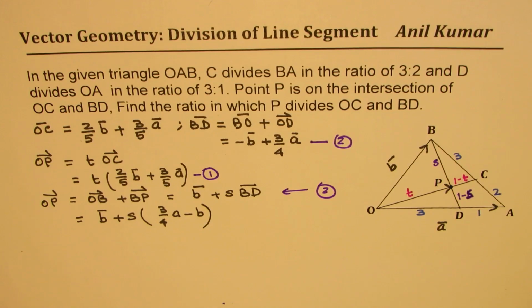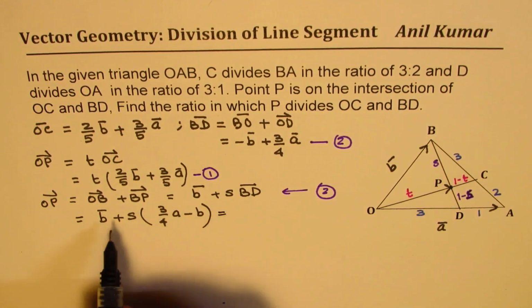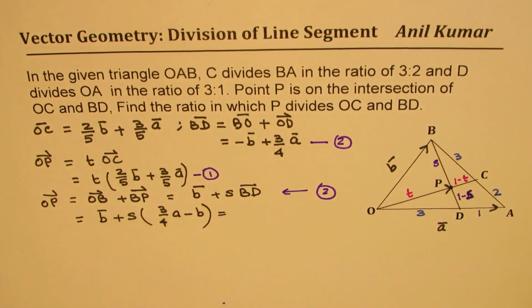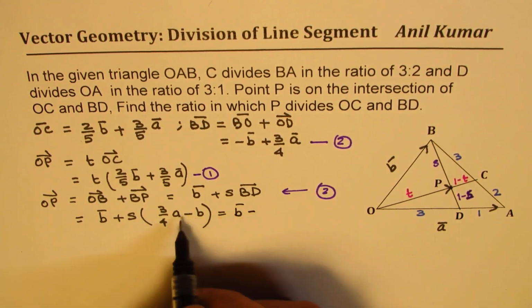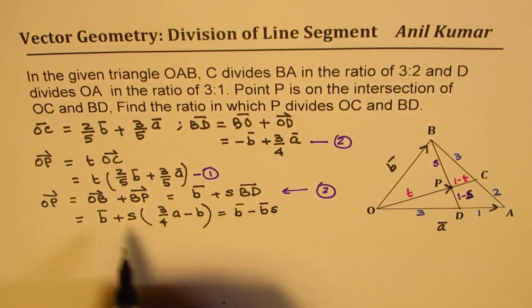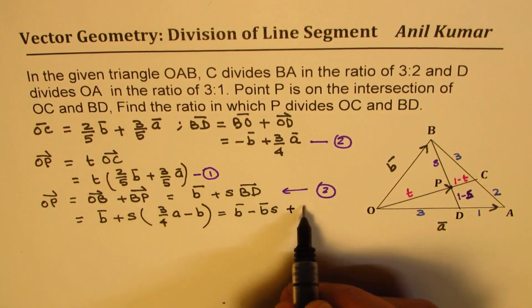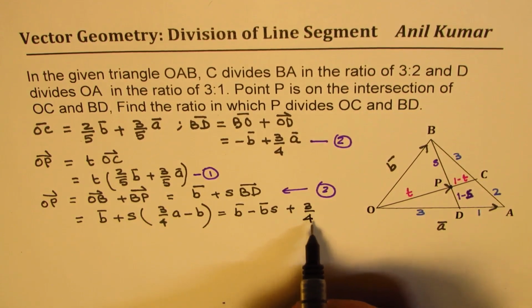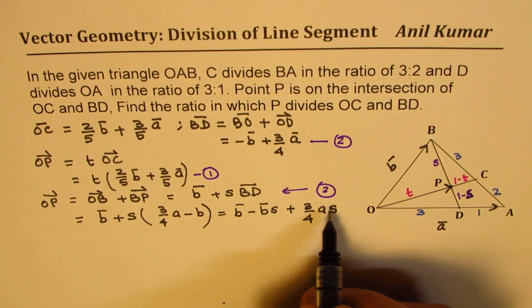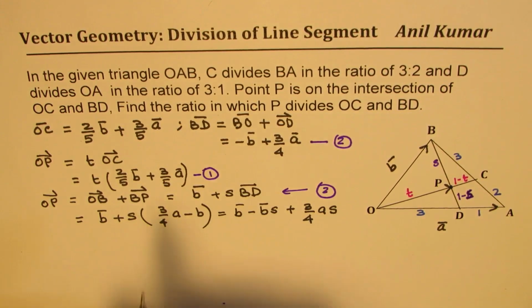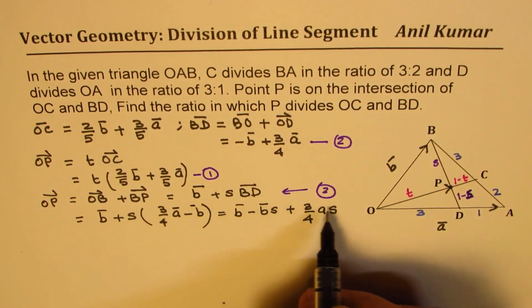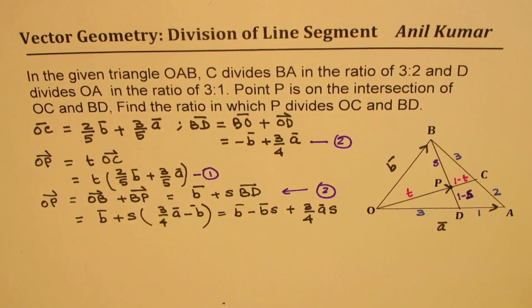Okay. Now, let us rearrange this so that we clearly get what the A and B terms are. So here we get B and this is BS. Let's say B minus BS. And we get plus 3 over 4 AS, right? Okay. So A and B are our vectors.